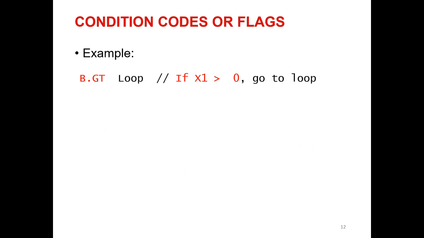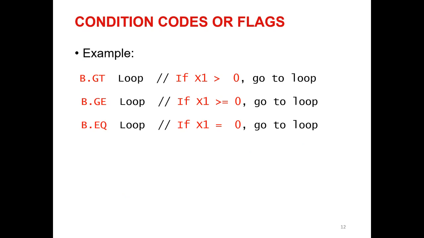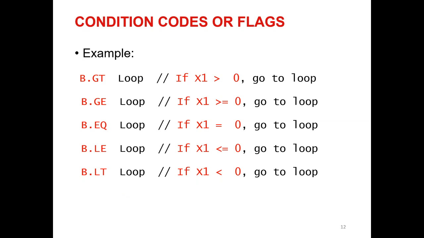Then the next one will be similar, but instead of the instruction BGT, which is branch if greater than, we have branch if greater or equal. Then for the other one, we only branch if the value is equal to 0. Then we are using here the less or equal, and similarly we have the less than.